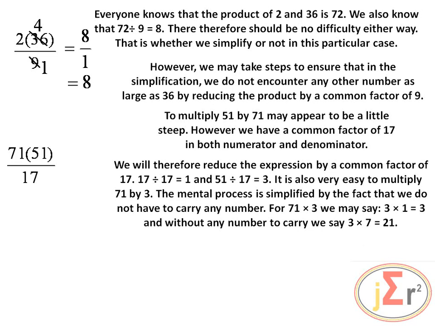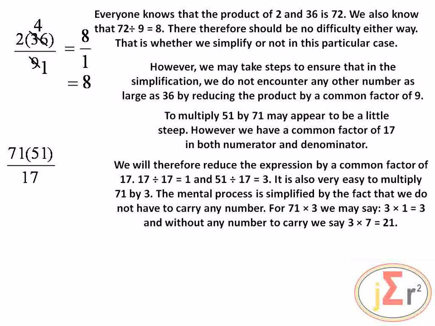It is also very easy to multiply 71 by 3. The mental process is simplified by the fact that we do not have to carry any number. Usually, one of the most difficult things when we are multiplying any number of multiplicands by any number of multipliers may be the fact that we have some number to carry.